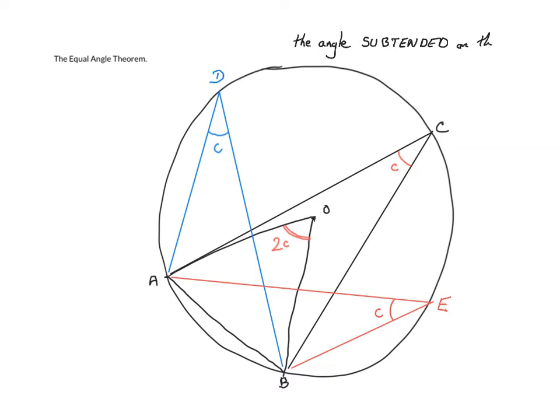And provided AB is the same, whether it's in the same place or the same length, these angles will always be the same. If you change the length of AB, you'll get different angles, but on a particular chord, they'll always be the same. And we can see if we can prove this simple little theorem.